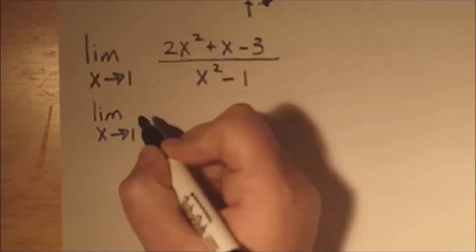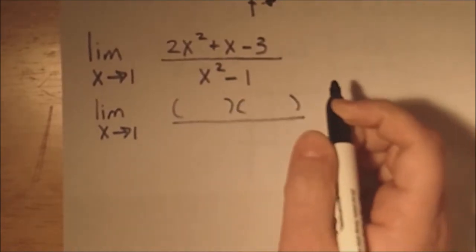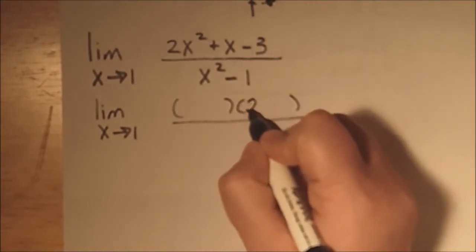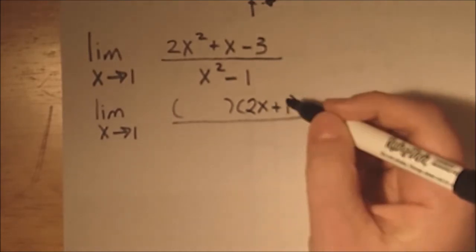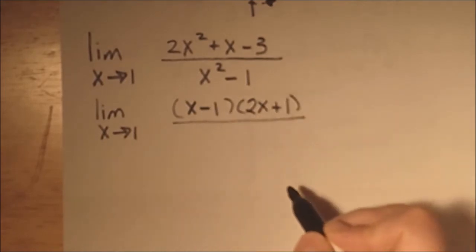Coming back, you should have determined that the numerator factored into 2x plus 1 times x minus 1.